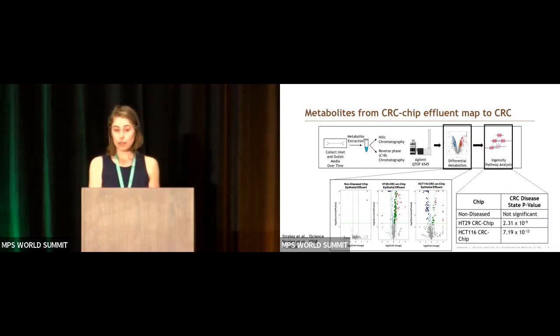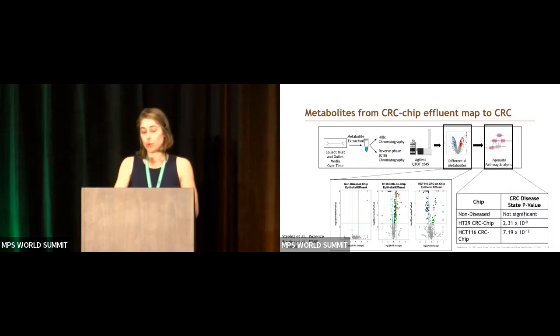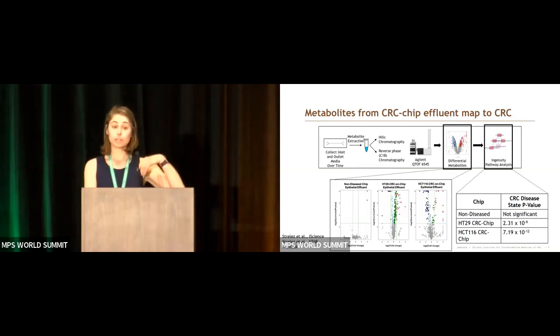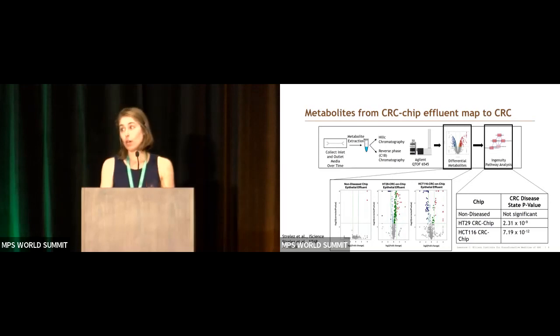And when we map that back to metabolic markers of colon cancer that we see in human patients, my 2 colon cancer chips map to the colon cancer disease state very significantly, with, again, my more aggressive HCT116 chips mapping more significantly to the colon cancer disease state.